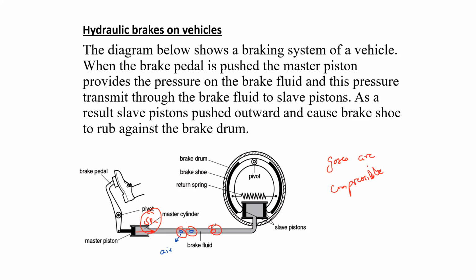That's why the pressure will not transfer equally, it will be a lower pressure. So if they ask what is the effect of having an air bubble inside this, the pressure will reduce. And what could be a reason for that? Because gases are compressible.